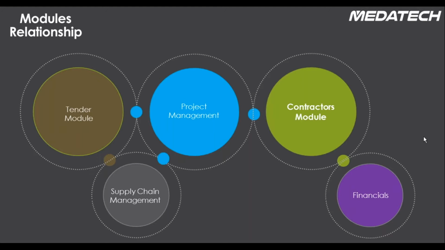The project management is also linked to supply chain, which is standard functionality. But as part of the module, the tender module is also linked to the supply chain, and the project management module is linked to the contractor module, which is also linked to the financial module. This can be confusing, but we will go through it during the session and you will understand the point I'm trying to make.